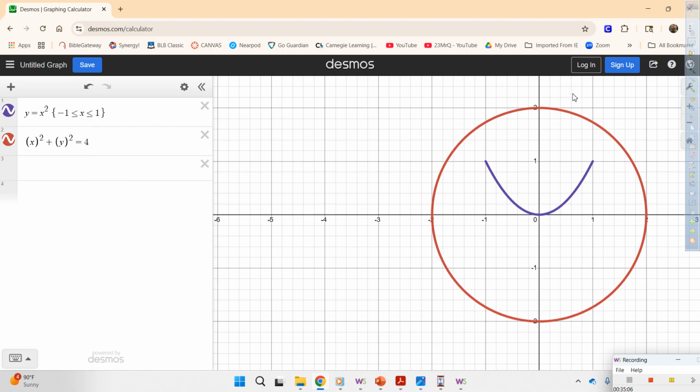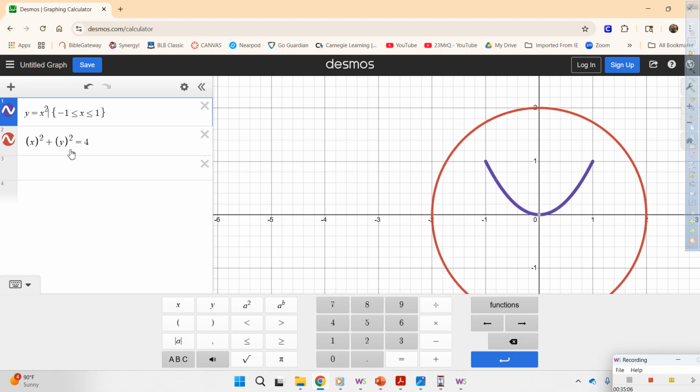What do I need to change, Sean? The domain is the same width from -1 to 1, but I need to move it upward over here, from here. +1.